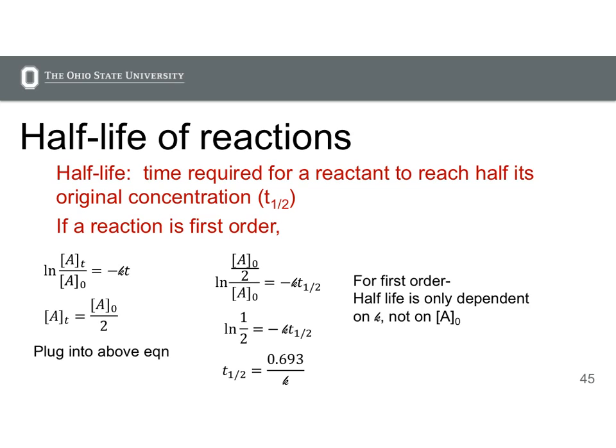But these are all related to half-lives. The half-life is defined as the time that's required for a reactant to reach half its original concentration. So we call the half-life T1/2, but what we're really saying is that the concentration after some time is 1/2 the original concentration.